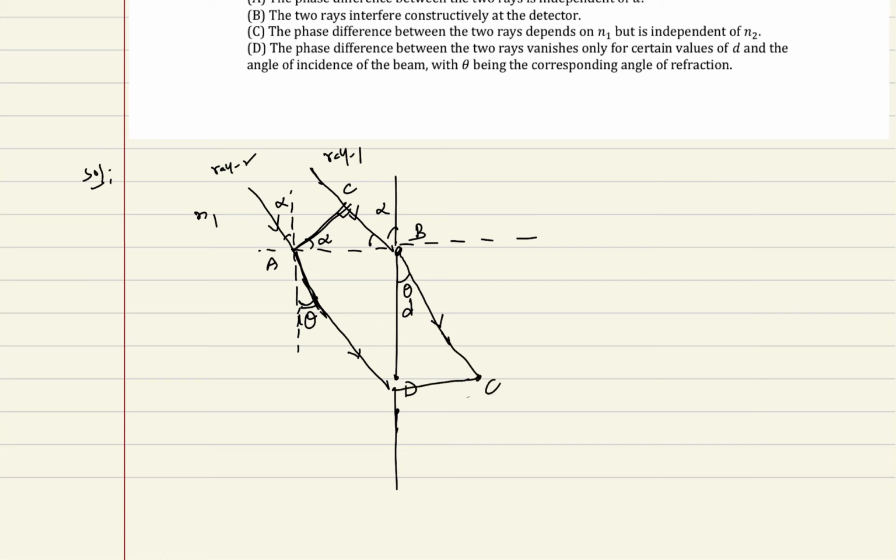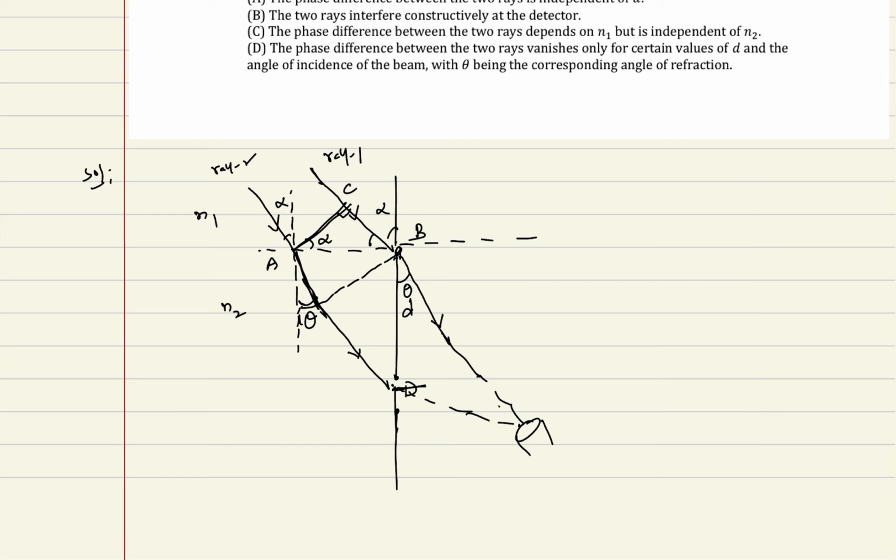If you extend them, both meet at a particular point, and the detector is there. We don't need to calculate all this path difference. Whatever rays reach that point after this have the same path. These rays are almost all going like this and meeting at a particular point.